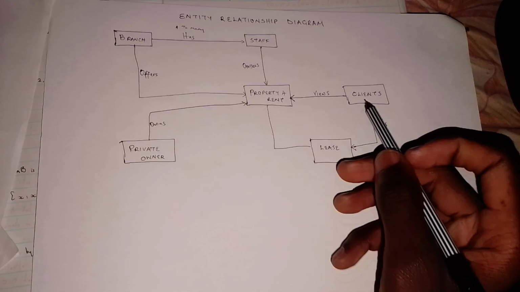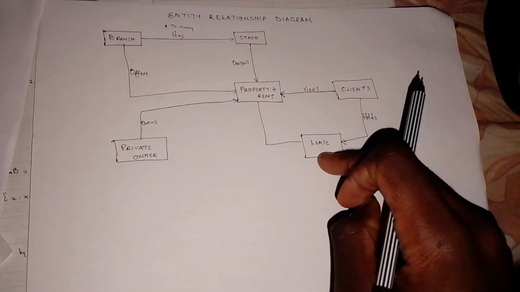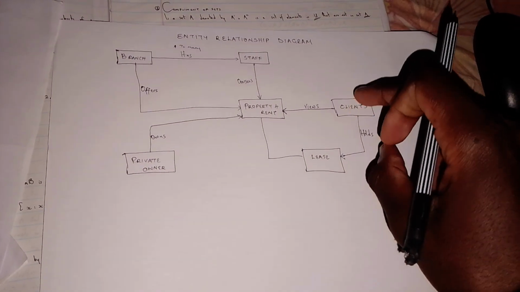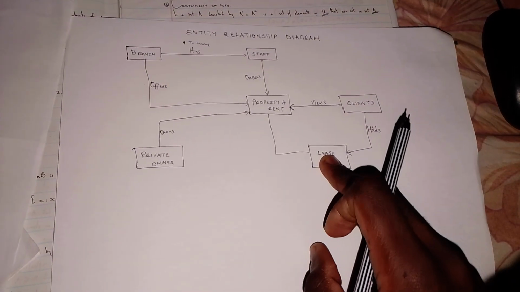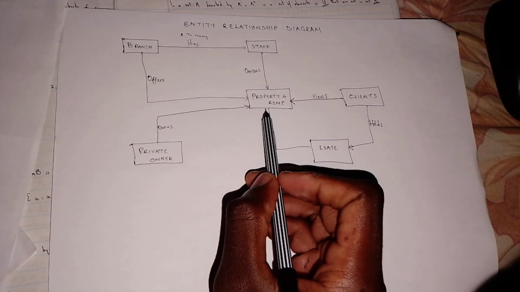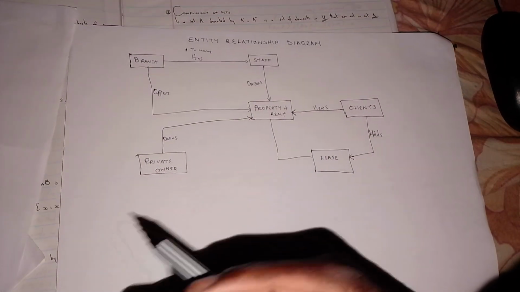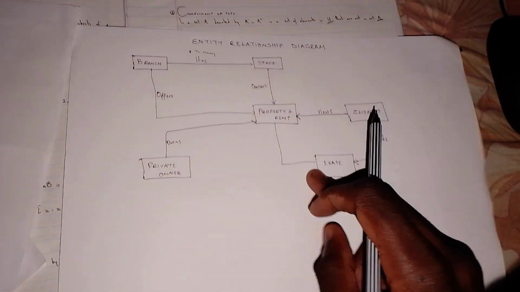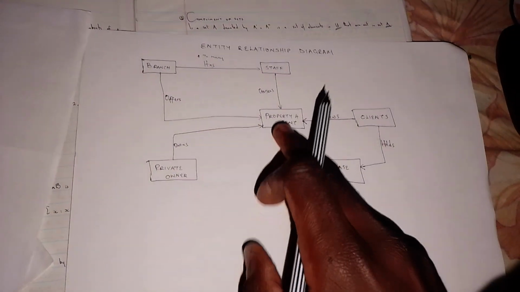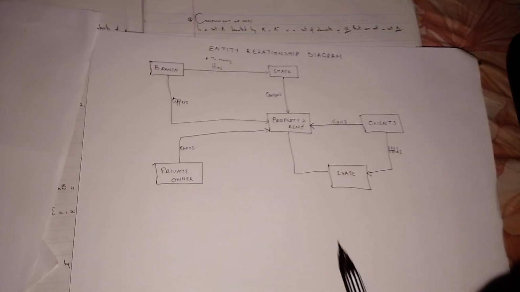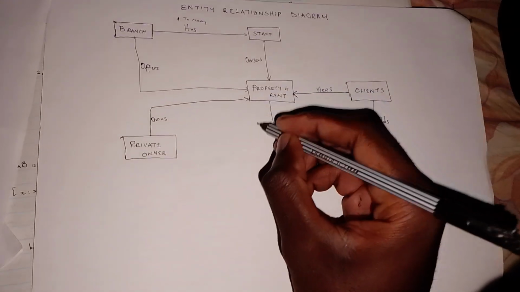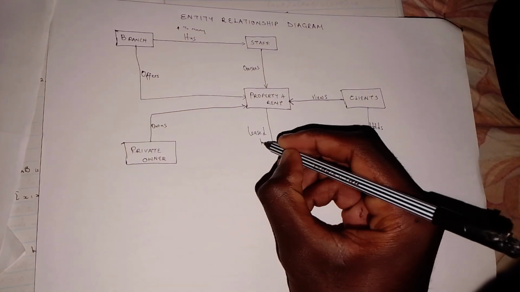Just like the relationship between the lease and the client, where the lease is just for one client but one client can hold many leases, one property can hold many leases over time, but each lease belongs to one property. Each lease is for one property.